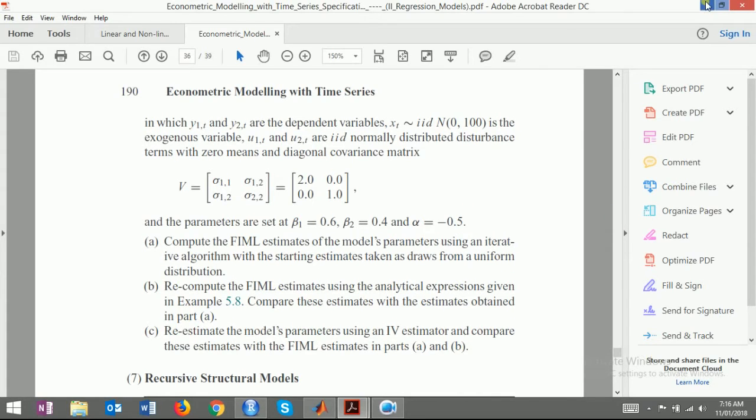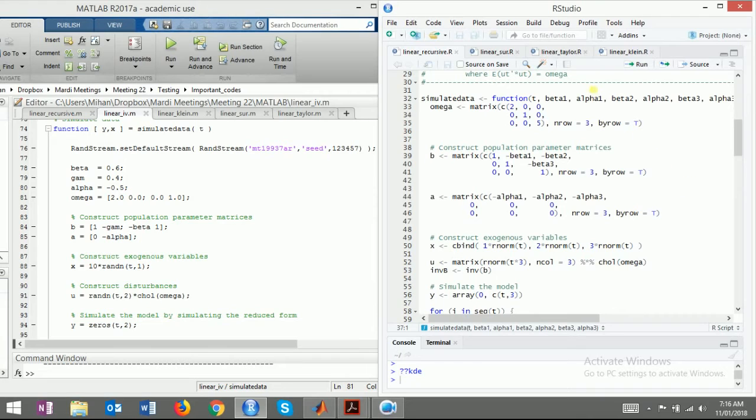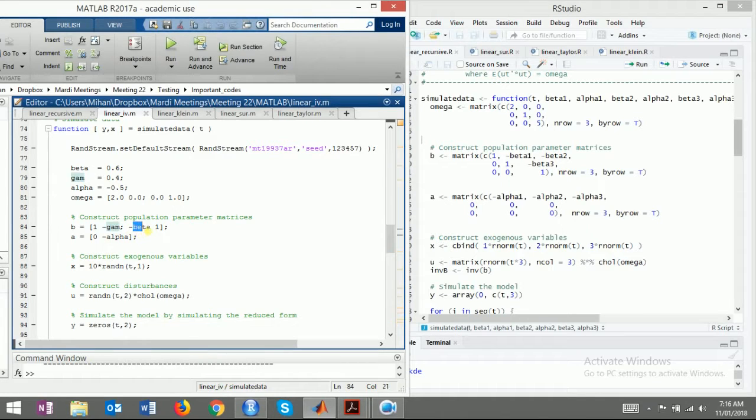Construct population parameter matrices 1 minus gamma minus beta 1. We already know 1 is gamma, 1 is beta, and in B we have minus b1 minus b2. It's just that 1 minus beta 1 minus beta 2, 0 1 minus beta 3 is easier.